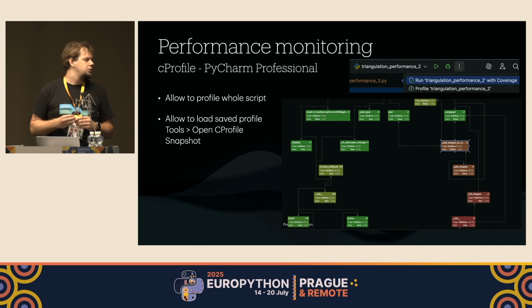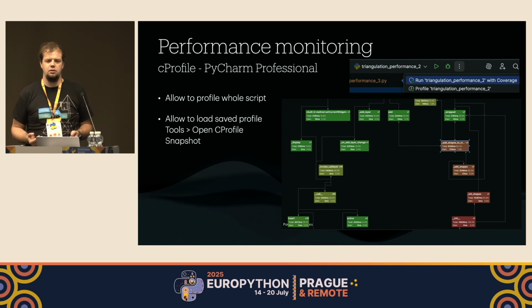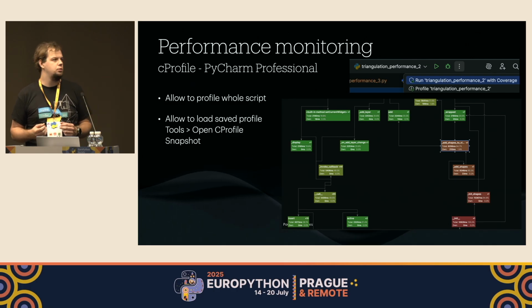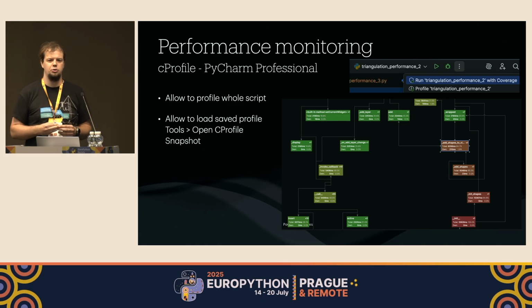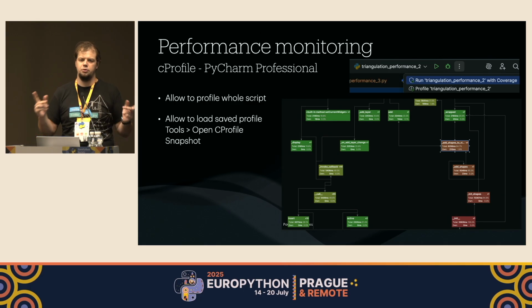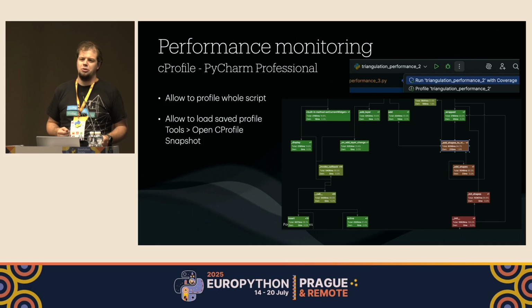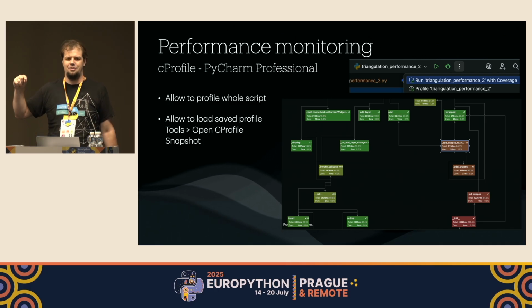What maybe not many people know, at least in my experience, you don't need to profile in PyCharm. You might just go to Tools and load a cProfile snapshot, the one which you saved with only the part of code which is interesting for you. The problematic part is that you need to remember that the extension of the file needs to be pstat.